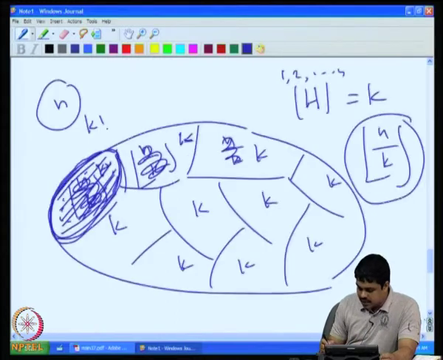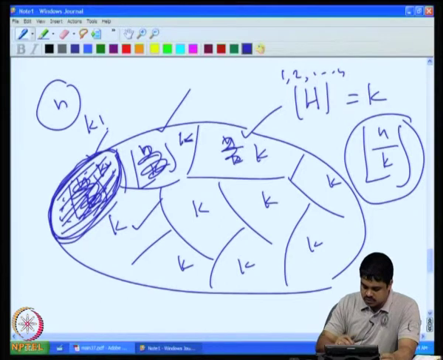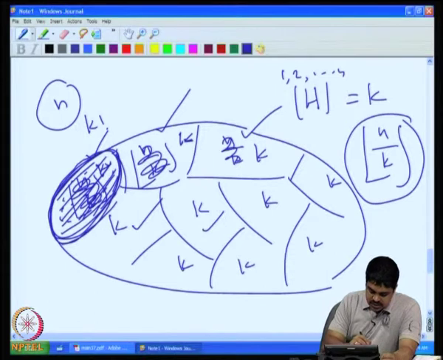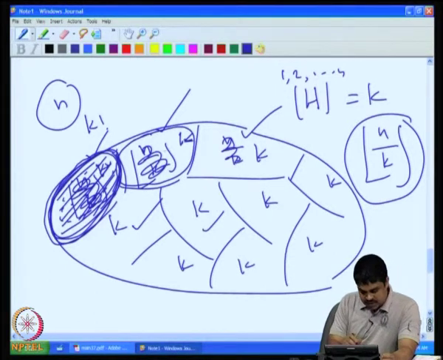Now, what is the probability that this does not have, this also does not have, this also does not have, none of them has? These are all independent events, because what is happening here will not affect what is happening here, in the sense that the edges here are totally different from the edges here. So, we can multiply these probabilities.